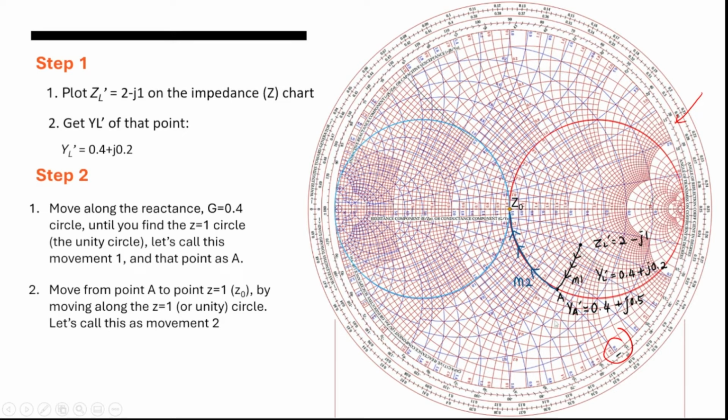So we have now moved from our original point here to point A, and then we have moved to the center of our Smith chart. Now the next step is to interpret what this movement represents.